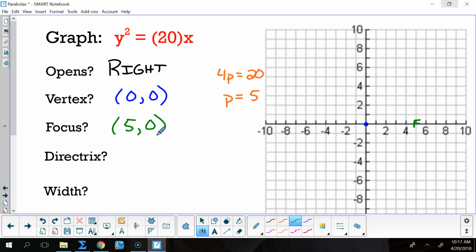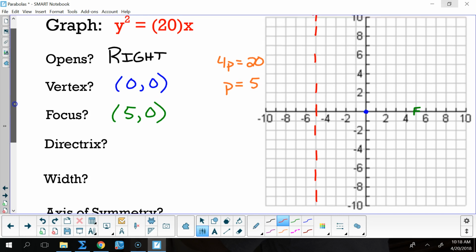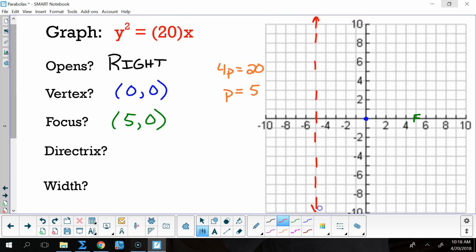That also tells me that my directrix is 5 units to the left of it. That's a vertical line. Vertical lines are x equals, and it's at x equals -5.